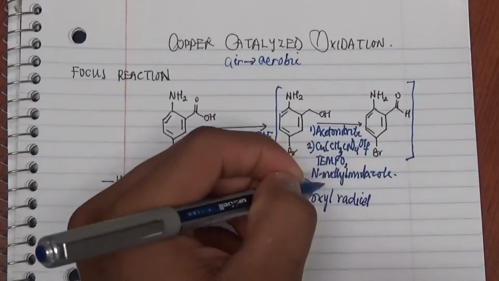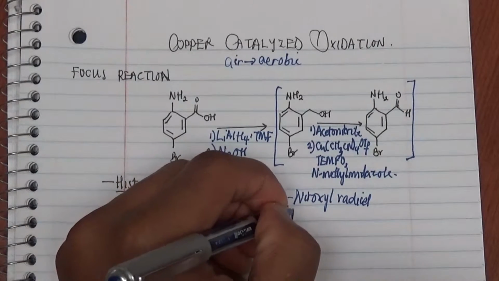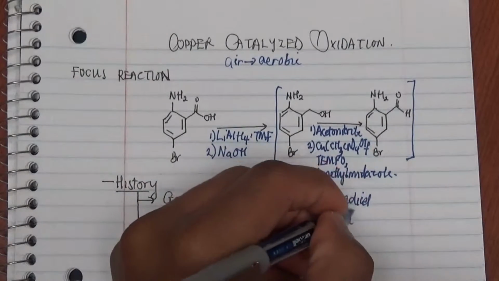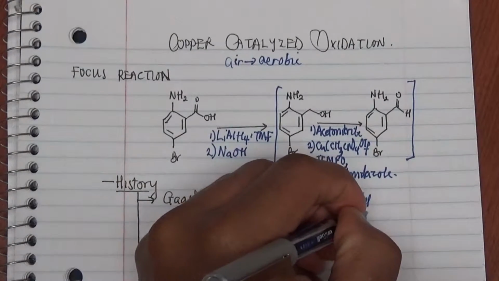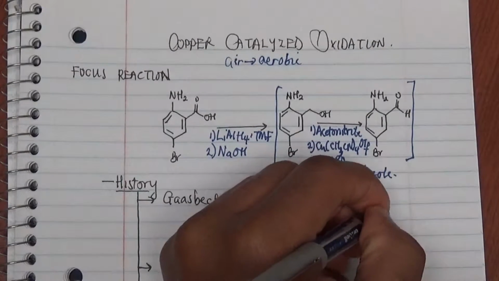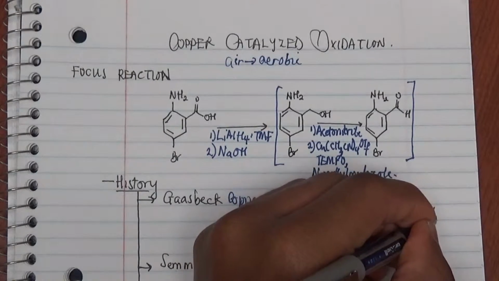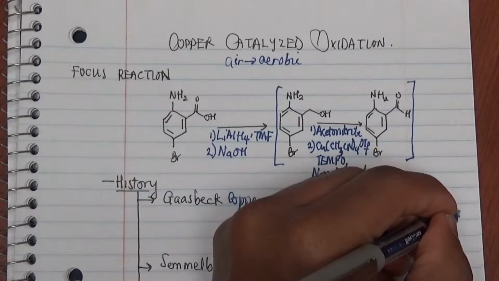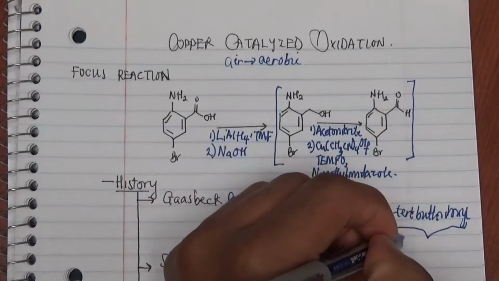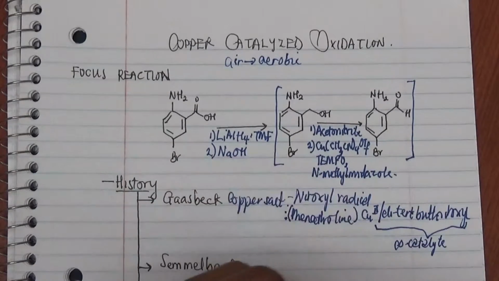His combination in this process was due to the presence of a phenanthroline, which is the combination of copper 2 and di-tert-butyl nitroxyl. This reagent is a co-catalyst for the activation of this copper 2.